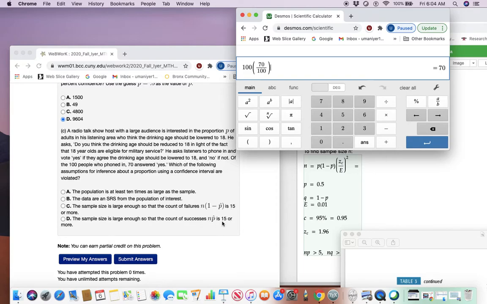So n times p hat is 15 or more. N times q hat is also 15 or more. So they are both okay.